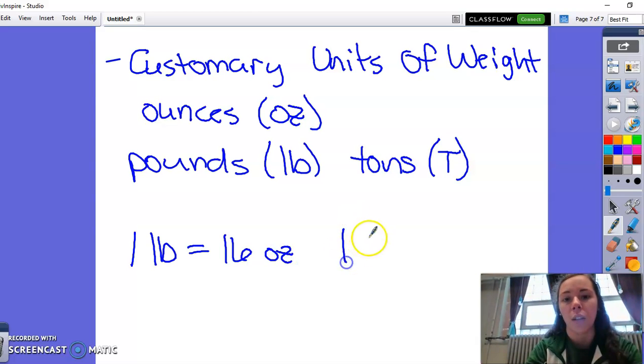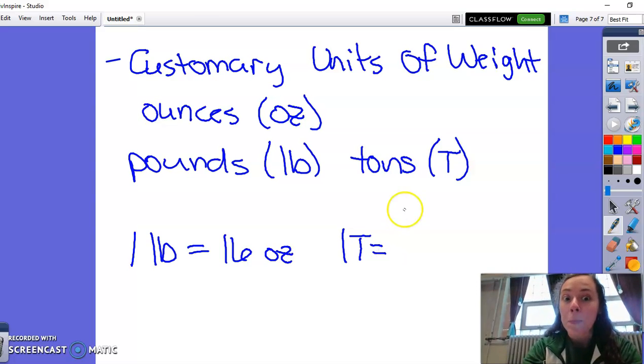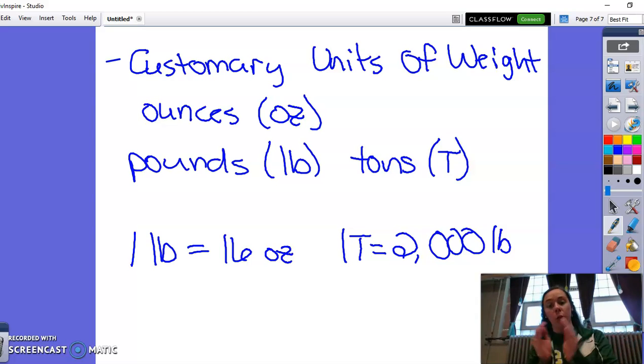And then 1 ton, you ready for this? If you don't already know, it might surprise you. 1 ton is 2,000 pounds. There's a lot of pounds in 1 ton. But that's all we need to know as far as converting goes.